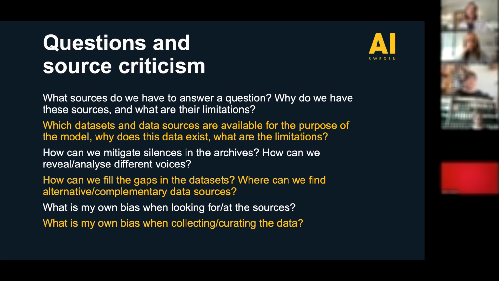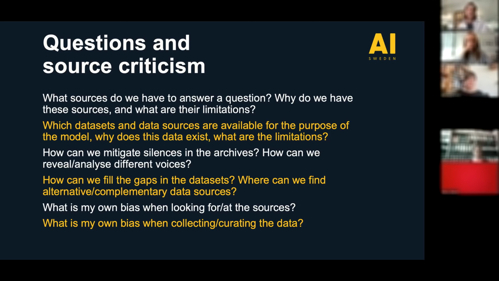So the question, what sources do I have to answer my research question, can be translated to which data sets and data sources are available for the purpose of my model. And then you come into questions of the power of data. What are the silences in the archives, can be translated to who's not represented in my training data and why, and how can I mitigate this gap? Are there other archives or other data sources that I can use?